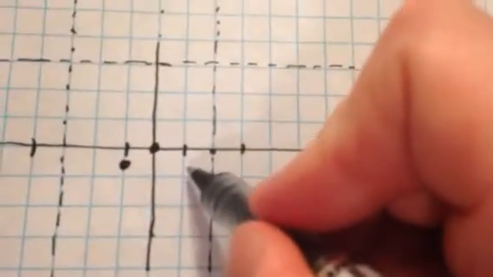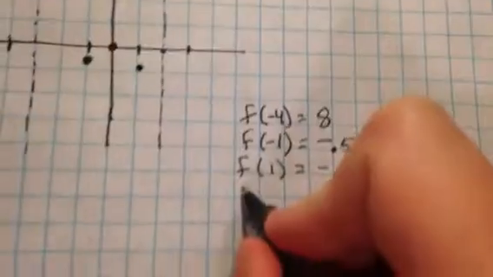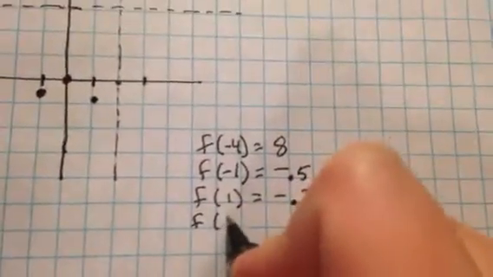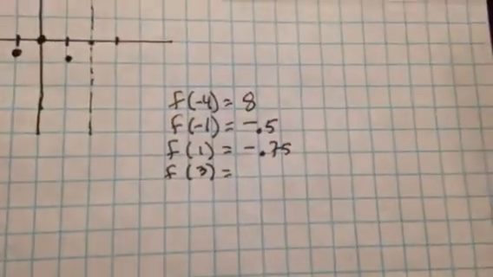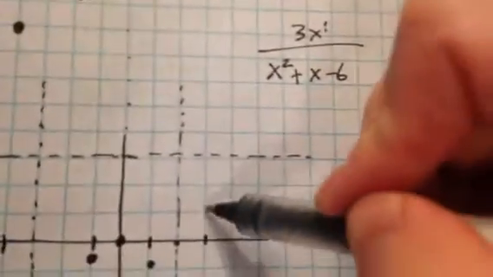So +1, down 3/4. And the last point I plugged in was +3. When I plugged in +3 into my function, I got out 4.5. So over 3 and up 4.5.